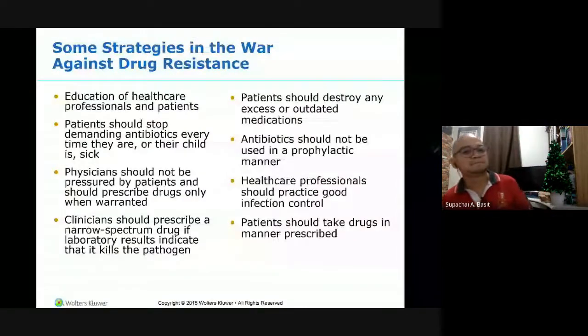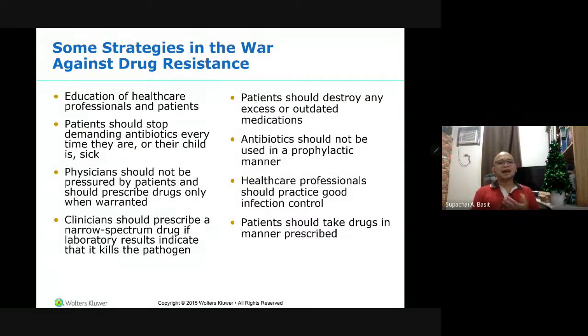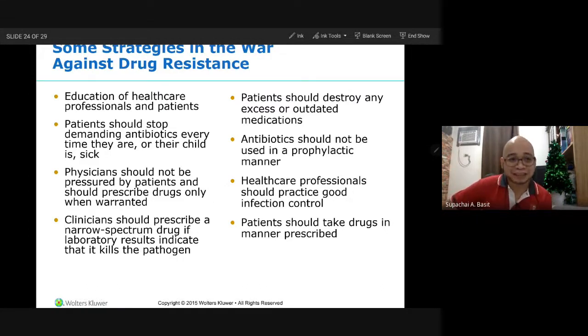Okay? So, as healthcare workers, how do we strategize and how do we help in our war against drug resistance? Okay? So, education of healthcare professionals and patients is very important. So, do you know that drug resistance develops through unsupervised drinking of antibiotics, indiscriminate use of antibiotics?